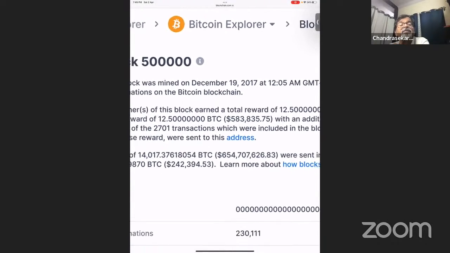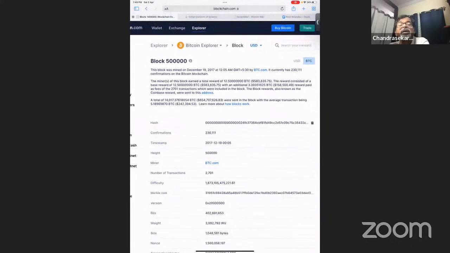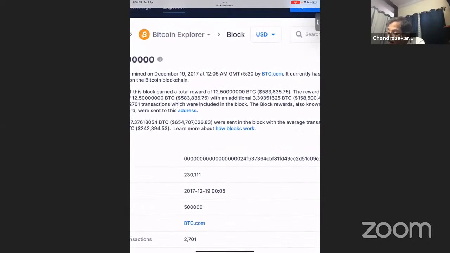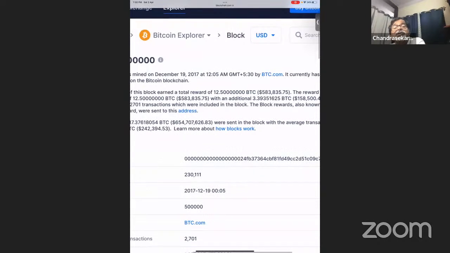This is the date, at 12:05 a.m. The miner who created the block got a block reward of 12.5 Bitcoins. You can see how much money that is. That is close to $6 lakh, right? 583, right? More than $500,000 he got when he generated this block 4 years back. When he generated it, he got it.